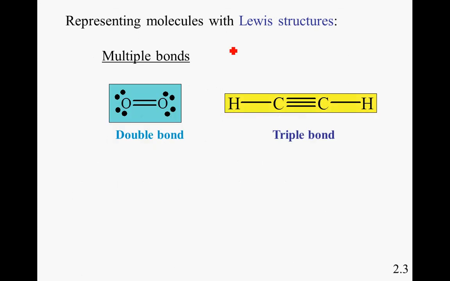Sometimes to make the atoms be all paired, multiple bonds have to be used. For instance, if oxygen wants to bond to itself, it has 2 single electrons each. Therefore, it has to bond twice. Carbon has 4 single electrons because it's in the 4th group, so it looks like this.